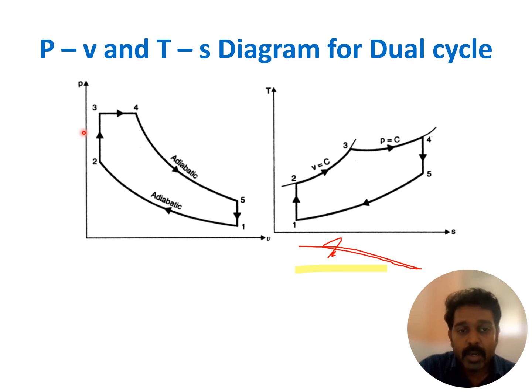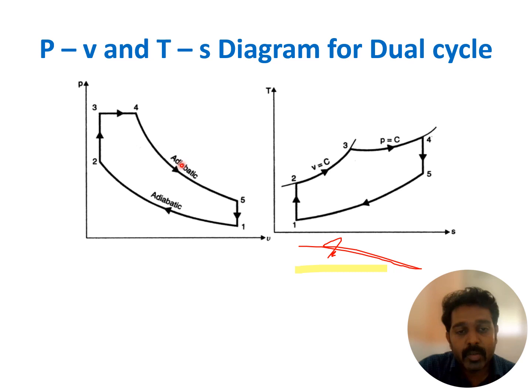Then 3 to 4 is heat supplied at constant pressure, so the pressure is constant, P3 equal to P4, right? And the heat is supplied. So the first heat supplied is QS1 and the second heat supplied is QS2. So the total heat supplied means QS1 plus QS2, right?